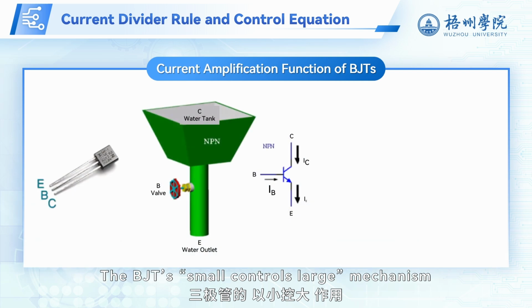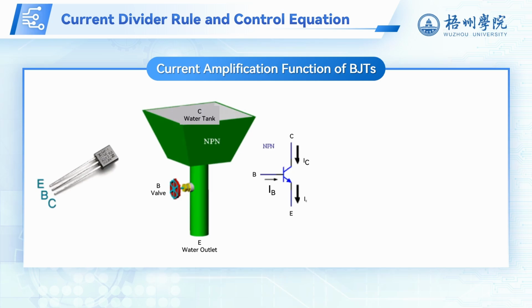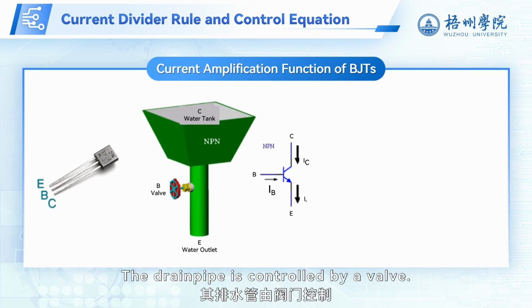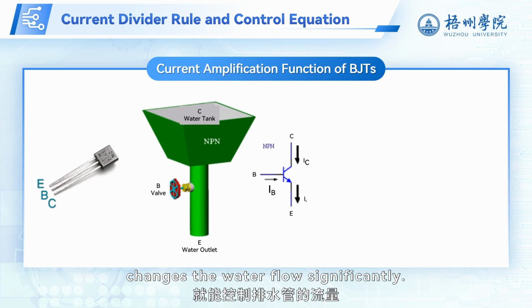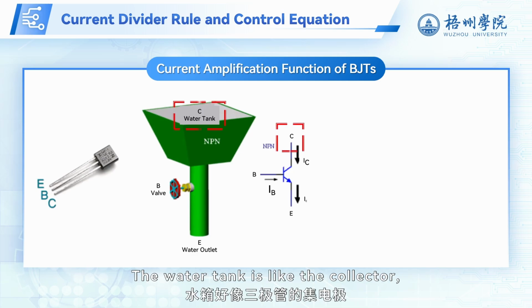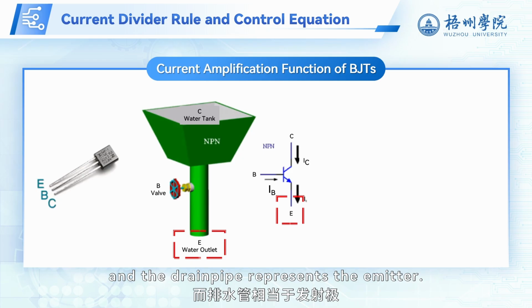The bipolar junction transistor's small-controls-large mechanism can be compared to a water tank. The drain pipe is controlled by a valve. Slightly adjusting the valve changes the water flow significantly. The water tank is like the collector, the valve is the base, and the drain pipe represents the emitter.